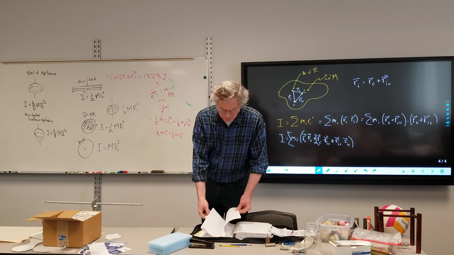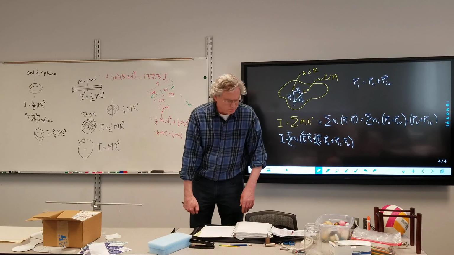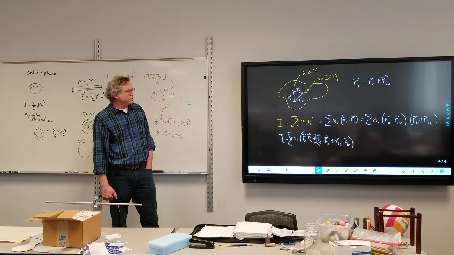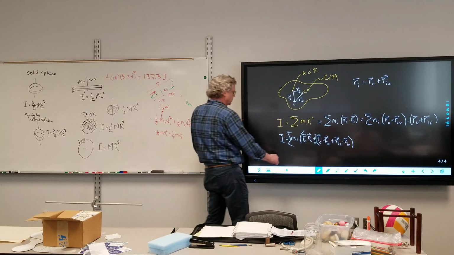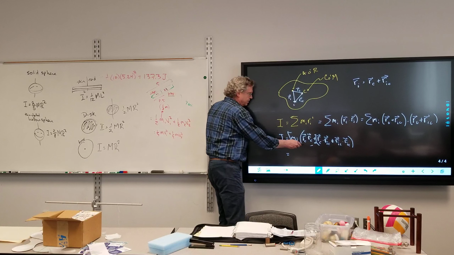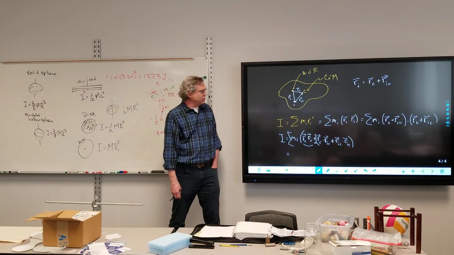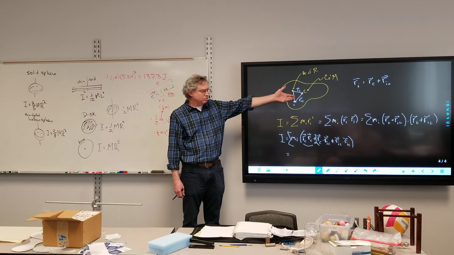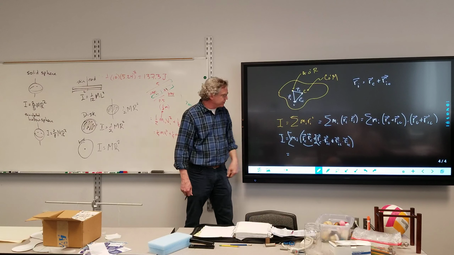I feel like this section is missing pages. All right, we'll see how far I can get before I go, wait a second, there's a mistake somewhere. So far, so good. So that is just the position of the center of mass squared. It's a vector dot product with itself.